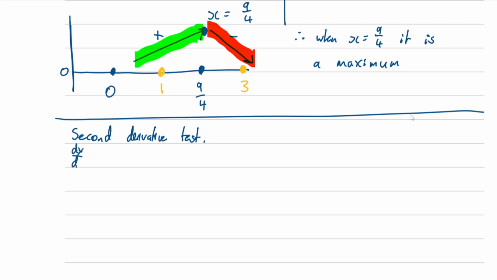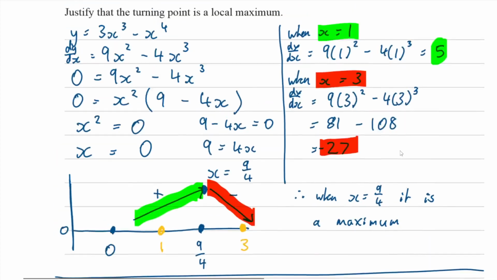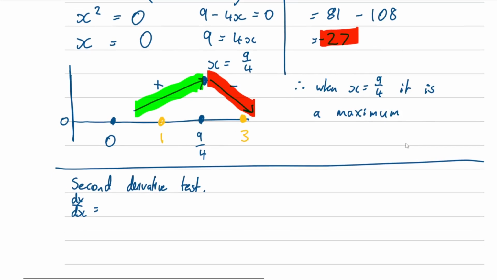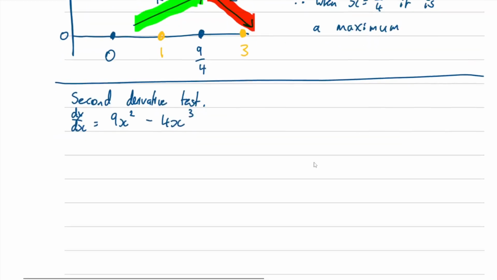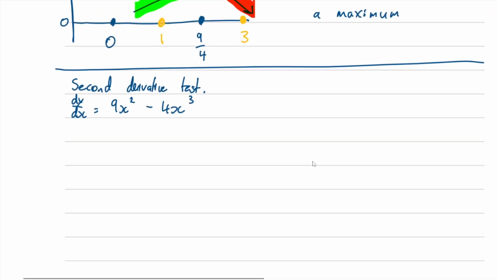So we worked out the first derivative already, 9x squared minus 4x cubed. Now let's work out the second derivative, so d squared y by dx squared. So 2 times 9 is 18, subtract 1 off the power, 3 times 4 is 12, subtract 1 off the power. So that's our second derivative.